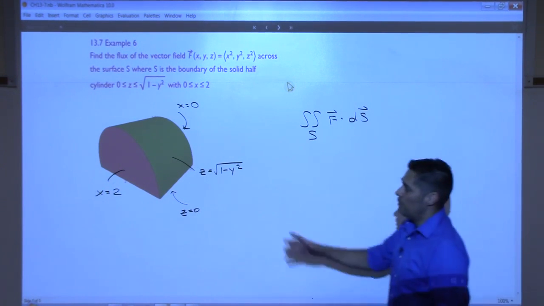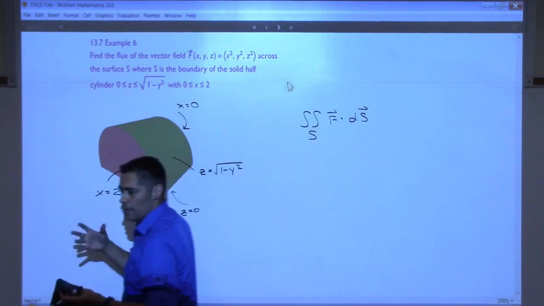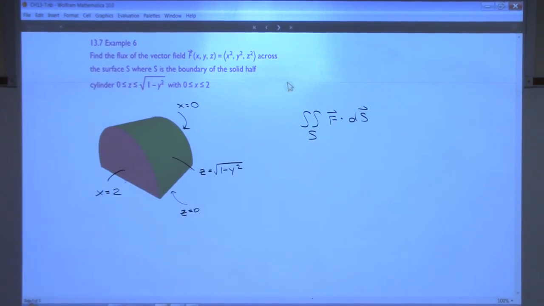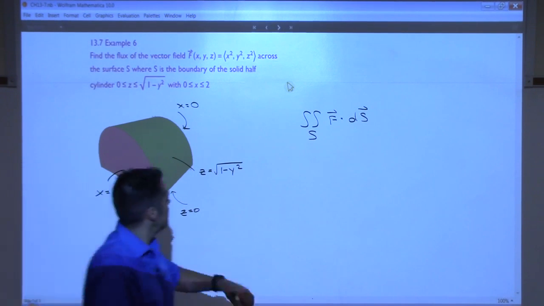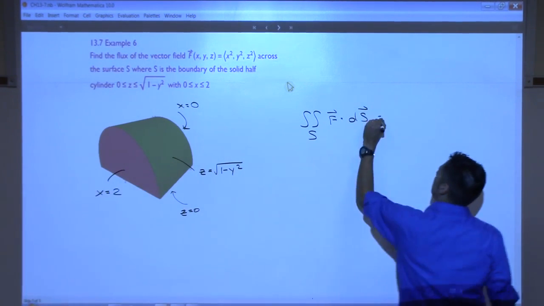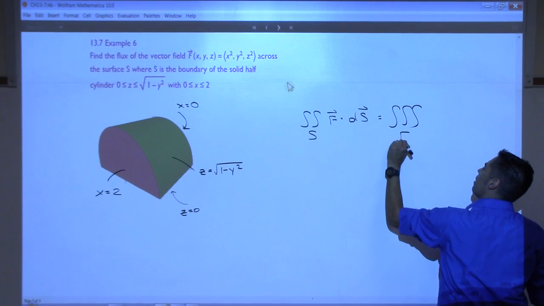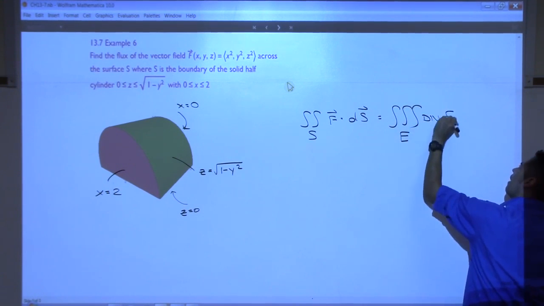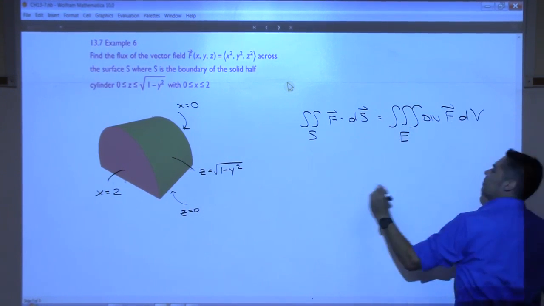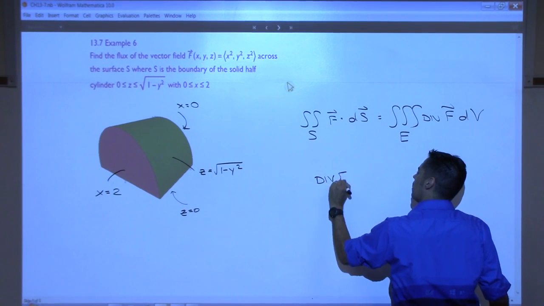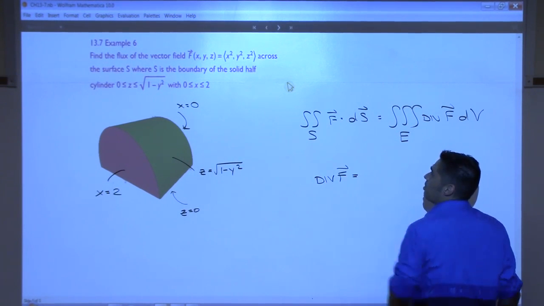Yes, because this surface S is all of those surfaces together and closes a solid, right? And so I'm going to need to compute the div. So let me get the div. This is going to be equal to the triple integral over E of the div of f dV, but the div of f is not as clean as the other ones we've had, right?